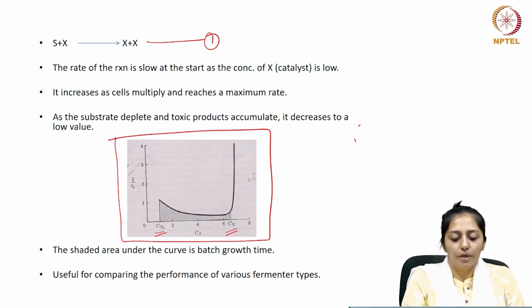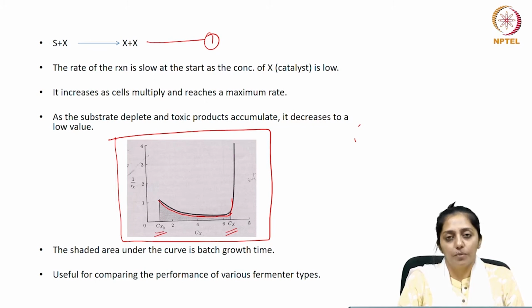So a plot of 1 by Rx versus Cx is shown. With growth, it is increasing the biomass, it reaches its maximum rate, and then it suddenly goes to a very high value, which means Rx is nearly going to 0. As the substrate depletes, the toxic products accumulate and decrease the value of Rx, and therefore the 1 by Rx value suddenly increases.